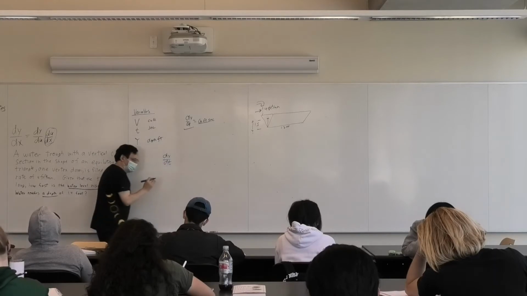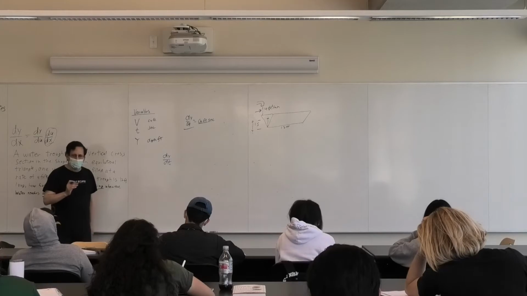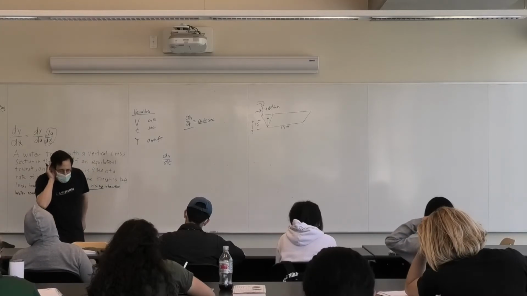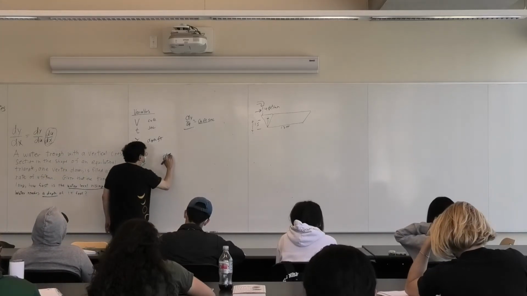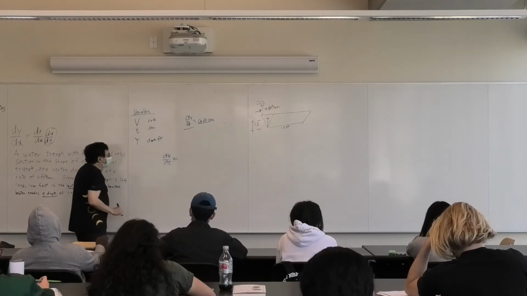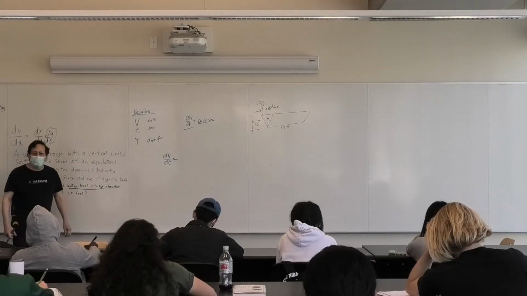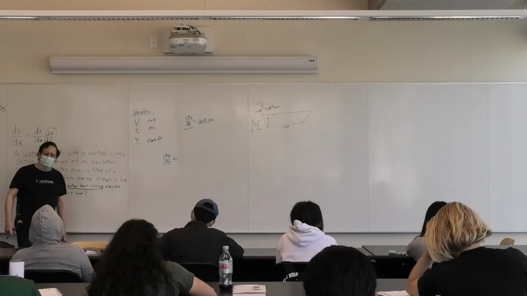Oh, you meant depth? You get your choice. Volume, okay. All right. dV dt. So, someone suggest a way to finish the chain rule here for me.